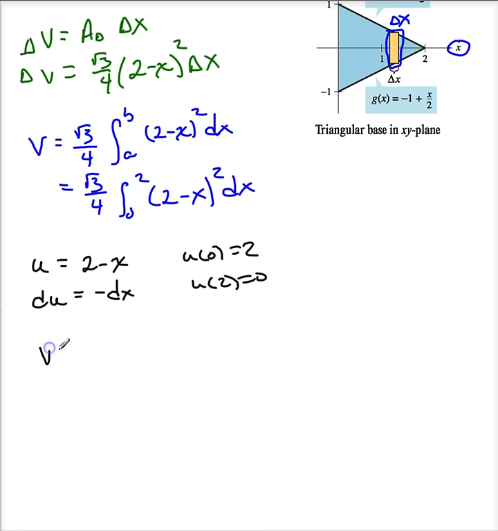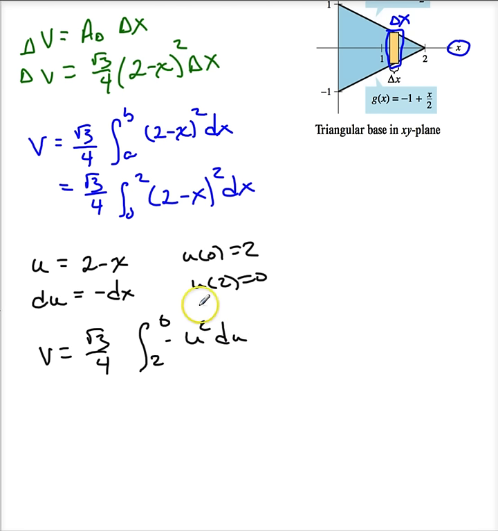So the volume becomes the square root of 3 divided by 4 times the integral from 2 to 0 of minus u squared du.